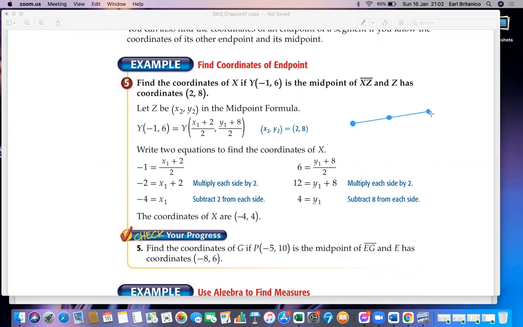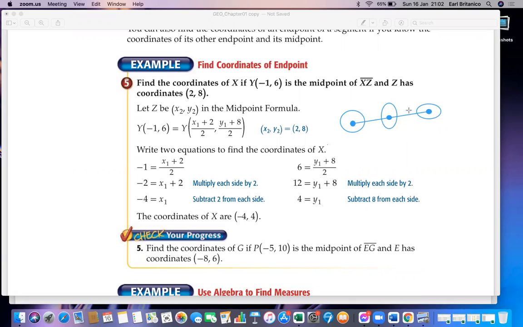Assume that it's a midpoint. So in this problem, you're asked to find the endpoint. This is an endpoint, this is another endpoint, and this one is the midpoint.